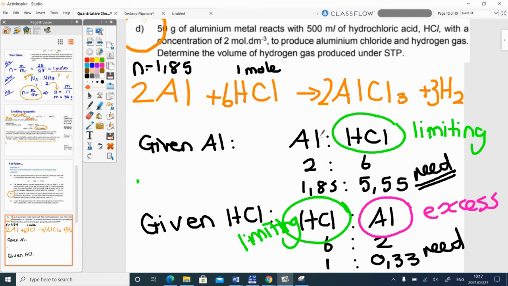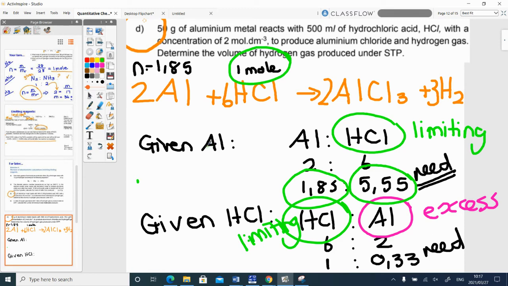So if I use all the aluminium, I have 1.85. So I make this react completely, and I work out how much HCl I would need to react completely with 1.85. So I figure out that I need 5.55. But the question only gave me 1. So I don't have enough.